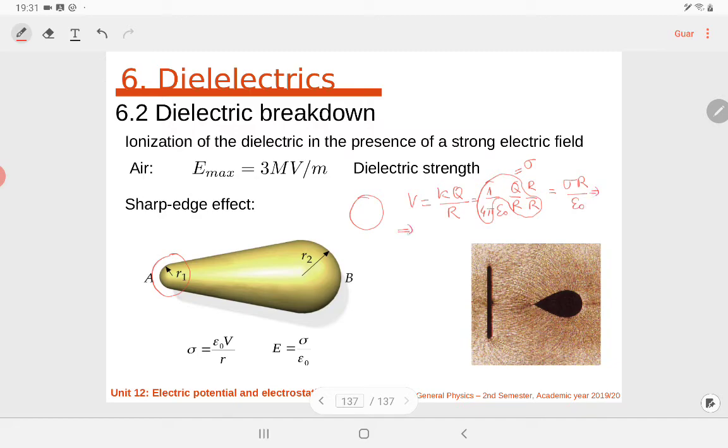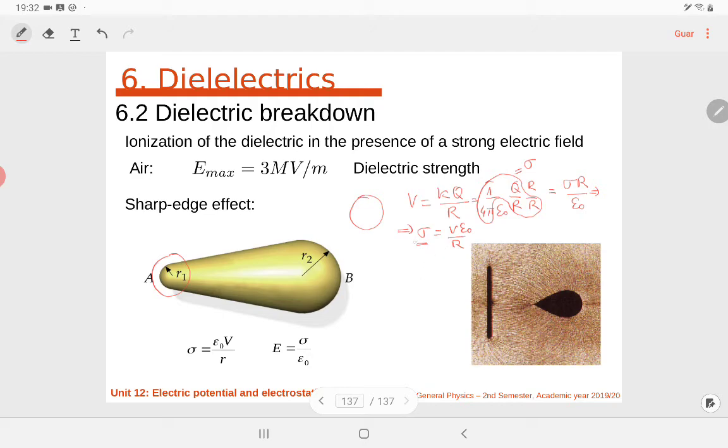The surface charge density sigma in the area of A is related to the potential and also to the radius. In region A, the radius is smaller than in region B, so the surface charge density is going to be bigger.